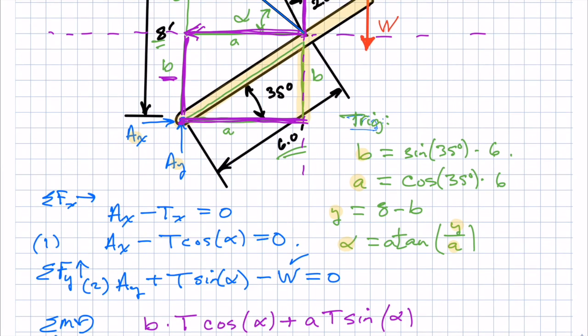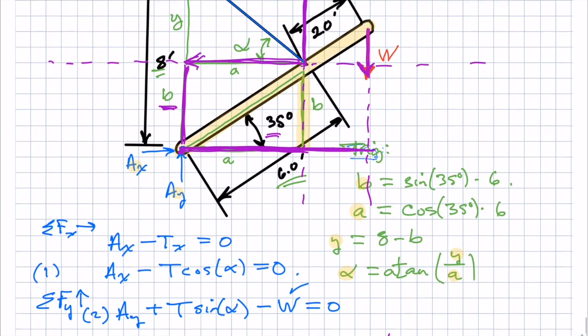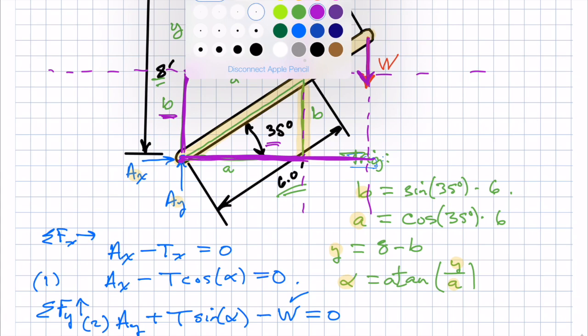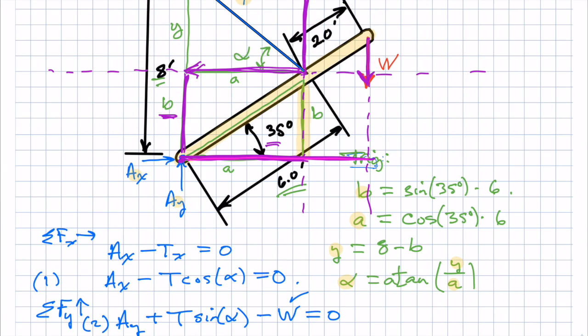And then finally we look at the moment generated by W. W is already in a vertical direction, so I can extend that down and find the perpendicular distance. We don't know that, we have to calculate that. But I do know the total length of the beam, and I know this angle. So this length, I'll change the color again, this length in pink is 8 times cosine of 35.